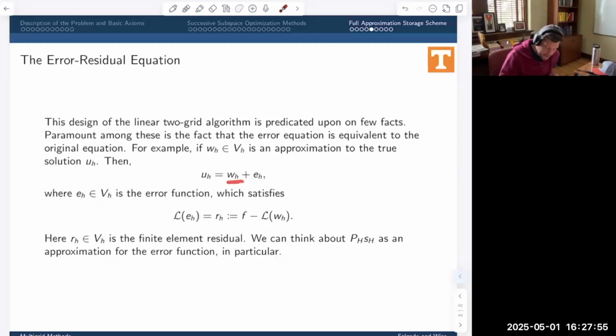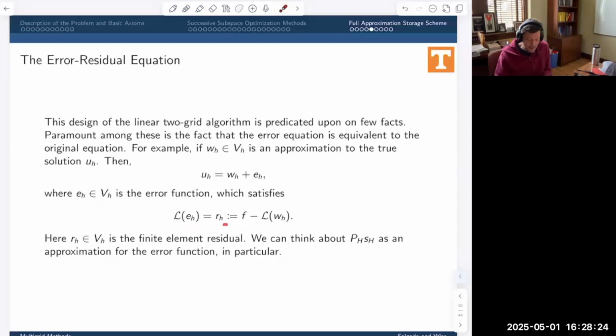If I have an approximate solution WH to my true solution, then if I knew the error between UH and WH, then all I have to do is add on the error to the WH and I get the true solution, right? So that means I don't have to solve the original equation. All I have to do is solve an error equation. But the error equation is entirely equivalent to the original equation, and it has this structure.